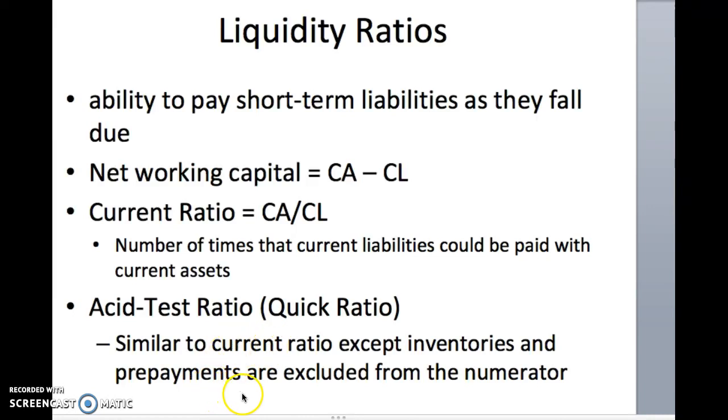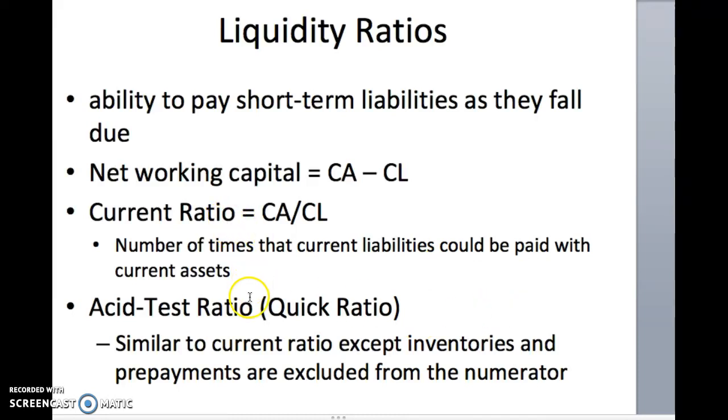And by doing so, we can see that given that we have very liquid current assets in the form of cash and let's say accounts receivable, we will be able to determine by how much of these current assets can cover for the current liabilities.